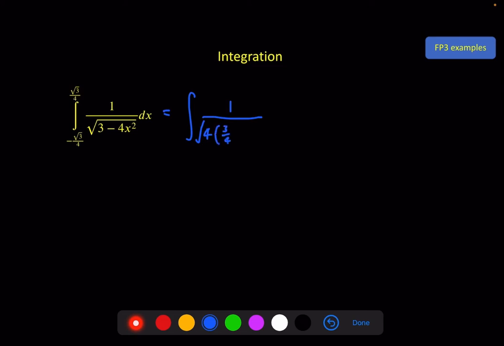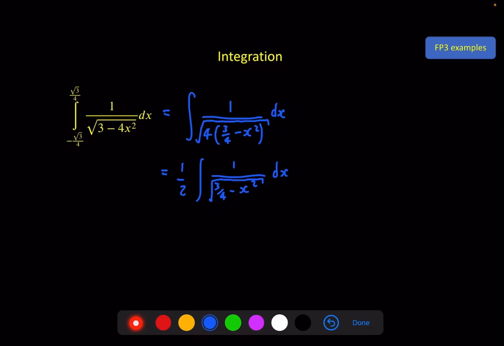That will give us 3 over 4 minus x squared dx. And then I can take that 4 out of the square root, and that becomes a 1 over 2, which I can even pull in front of the integration, like so.